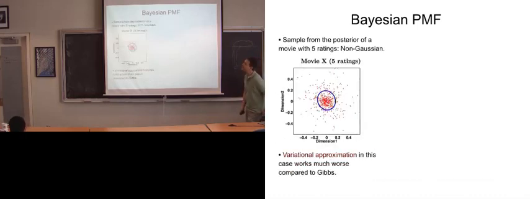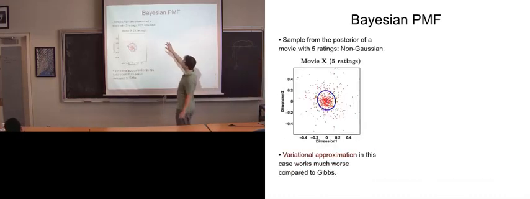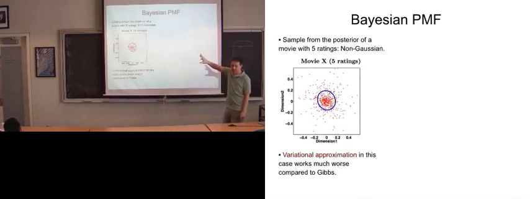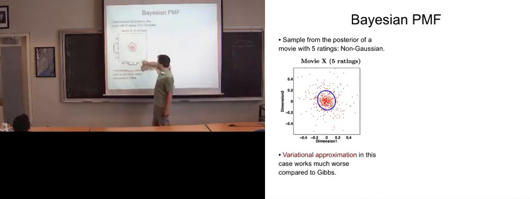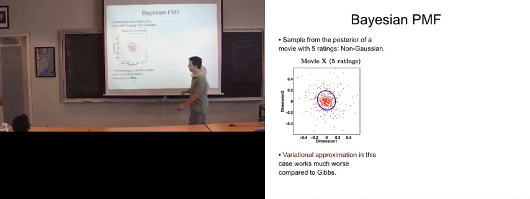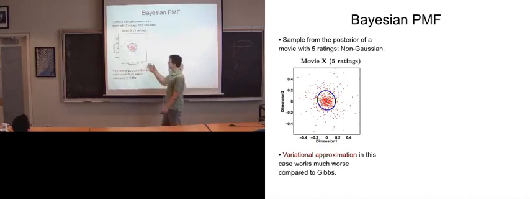Here's what happens. These are samples from the posterior distribution of a particular movie for particular users with 5 ratings. This is in two-dimensional space, and you can see samples from the posterior. Basically, there is some uncertainty.